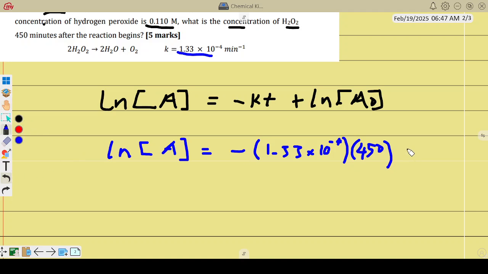And the initial concentration we were given is 0.11. So plus ln 0.11. So ln A is equal to, what do you get when you say this times that?